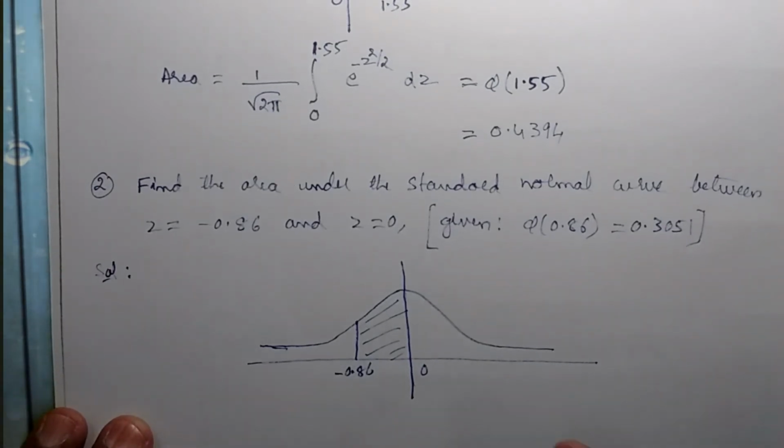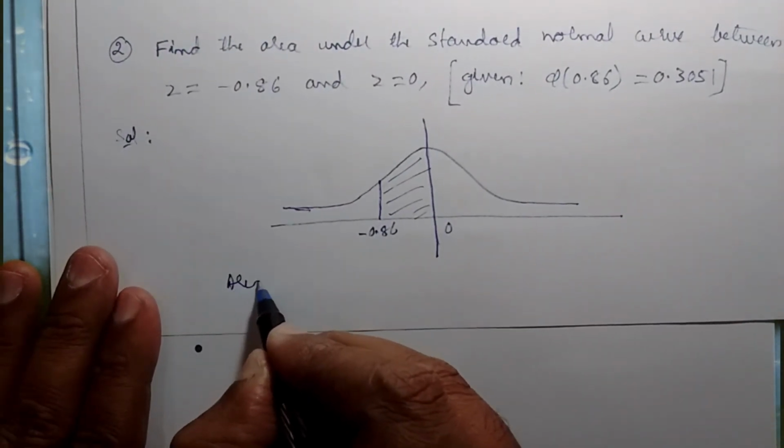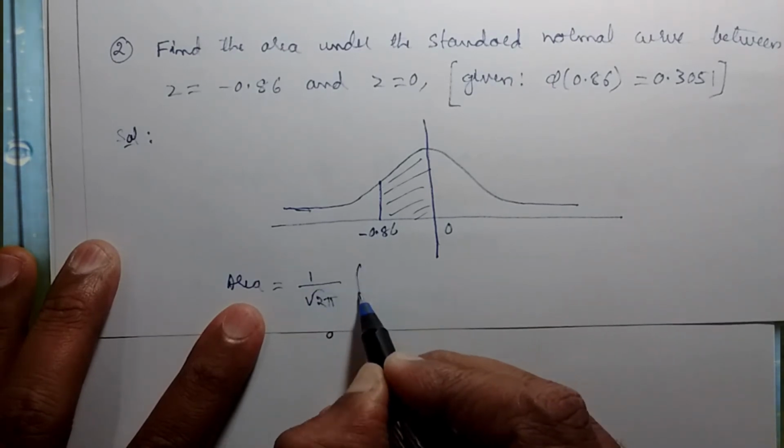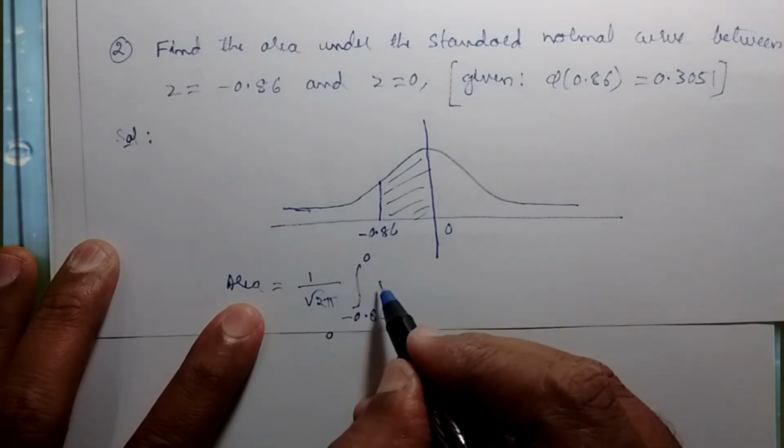So we have area equal to 1 by square root of 2 pi, integral of minus 0.86 to 0. That's the result given.